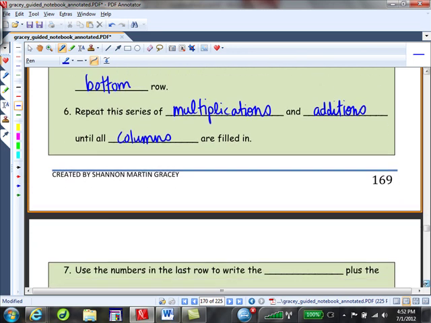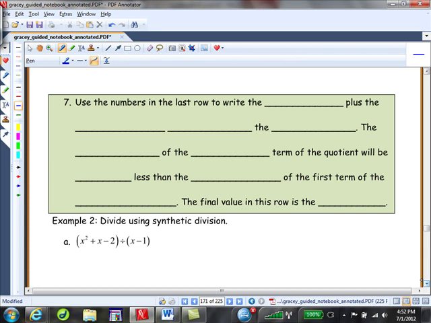Then use the numbers in the last row to write the quotient plus the remainder above the divisor.